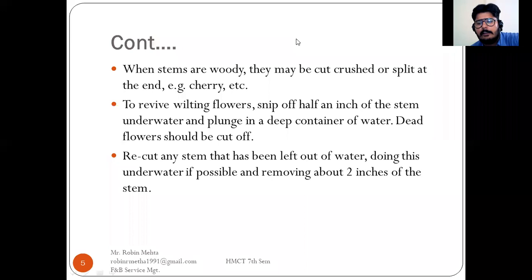Whenever we are recutting, the first time we cut the plant, flower, leaf, or stem, we then have to cut it again. We can remove 2 inches from the first cut. We take the 2 inch gap and then cut. This process has to be done under the water, in the bucket only. We do not have to go under the water ourselves, we just do it underwater in the bucket in which we put all the leaves, stems, and flowers.